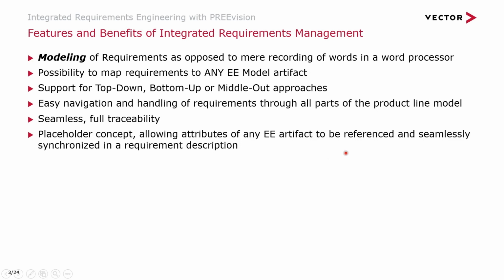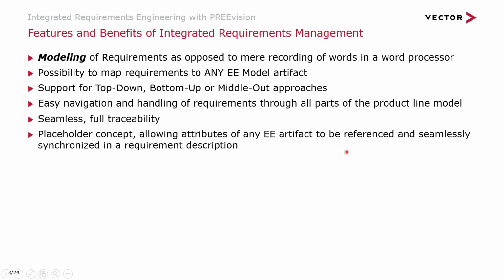This is something that we've added recently, which is what we call a placeholder concept, which allows you, in your description of a requirement, to reference any attribute of any EE artifact within that description.